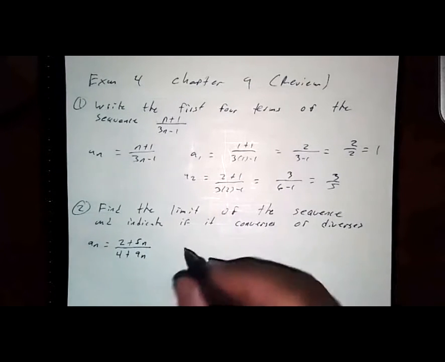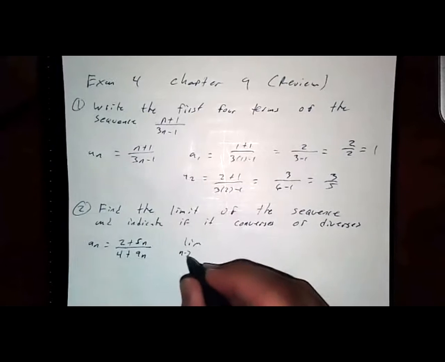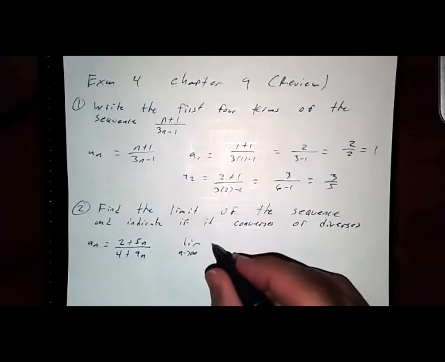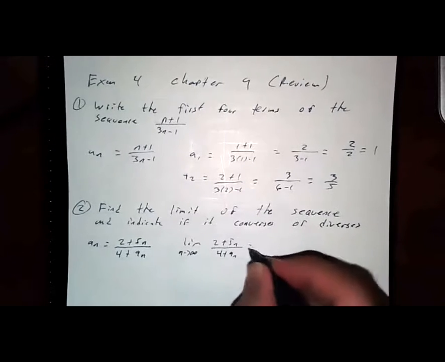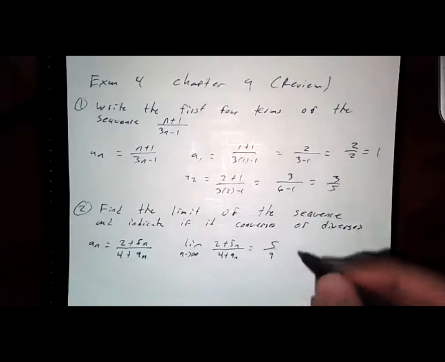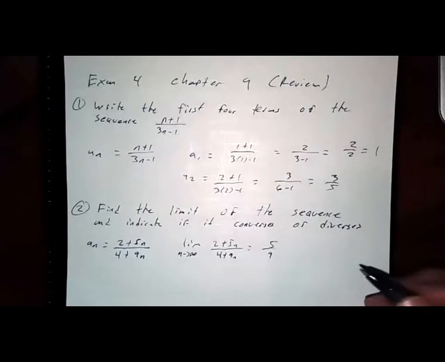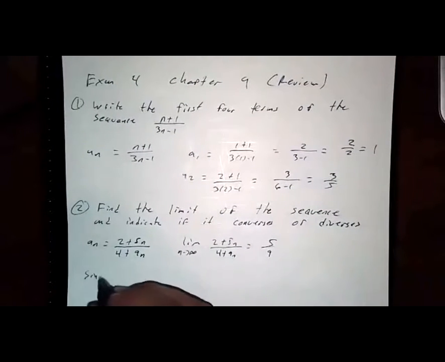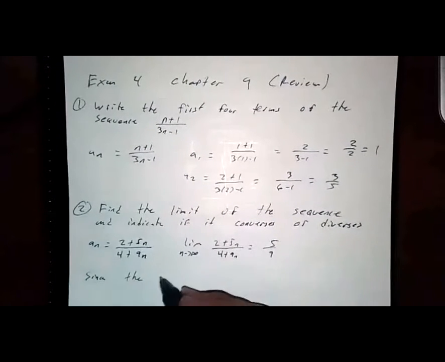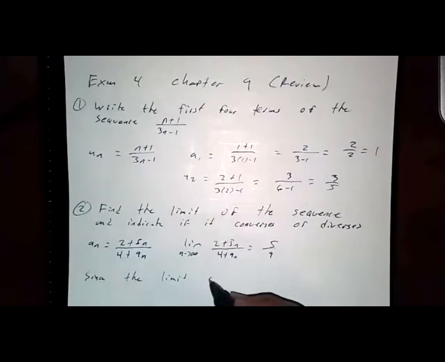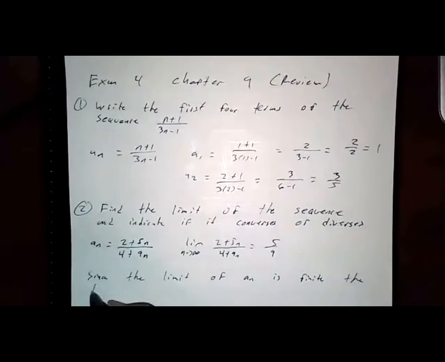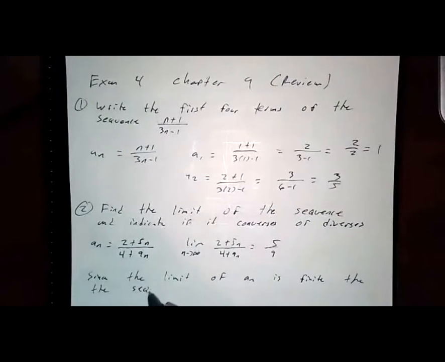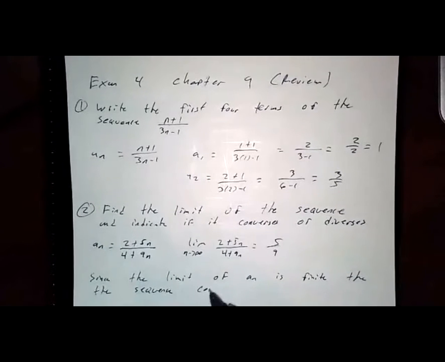Right, so the limit as n goes to infinity of 2 plus 5n over 4 plus 9n will equal 5 over 9, which means, since the limit of a_n is finite, then the sequence converges.